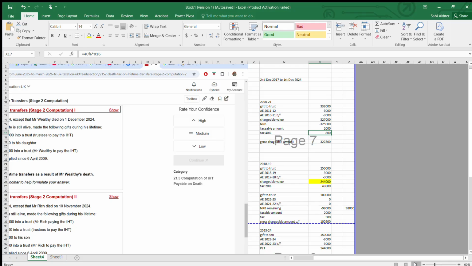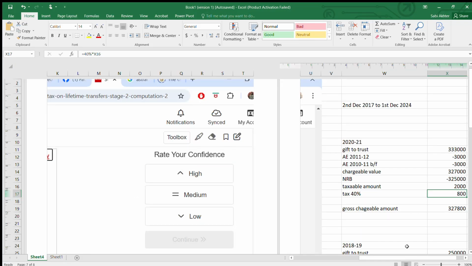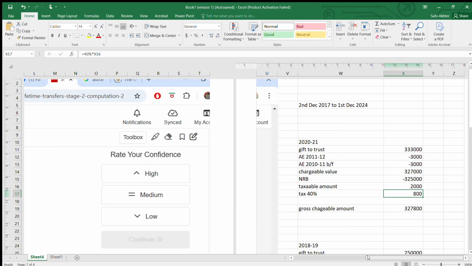So now we'll be working on the taper relief. From the date of the gift to his death, he has been alive for 4 years, more than 4 but less than 5. When you're writing the taper relief, please write the years, that is 4 to 5.